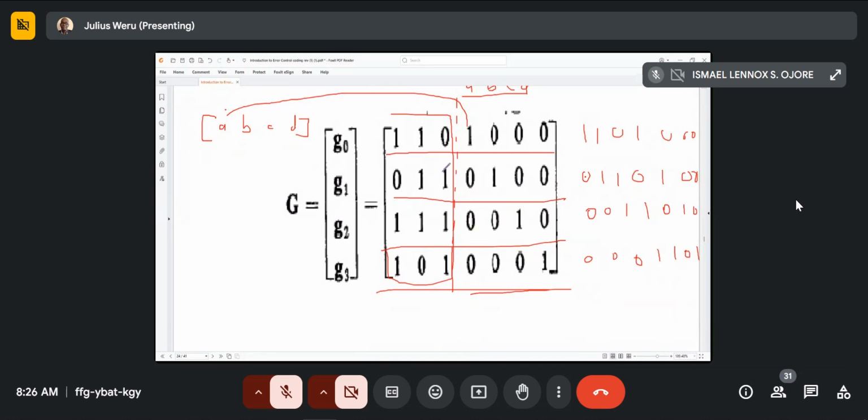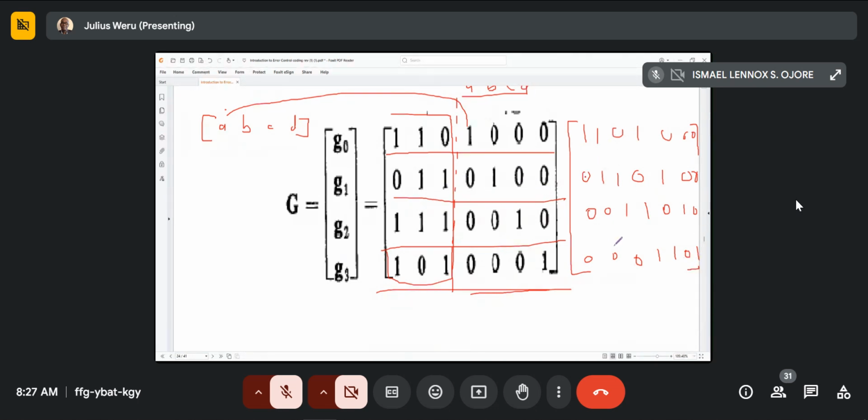So the way the matrices are is very important. You see this matrix. For this matrix, it is still linearly independent, but this one is slightly different from this one.